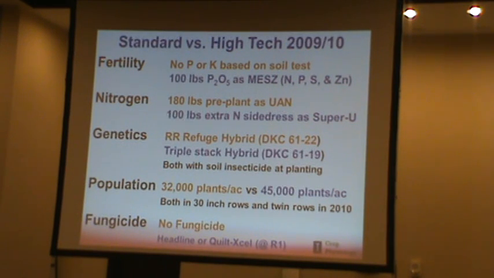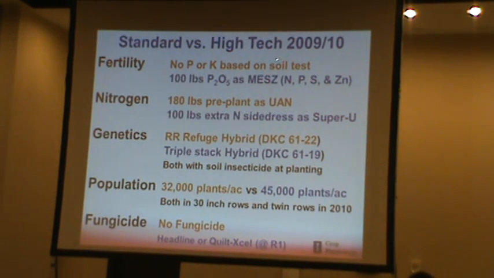Now on the high-tech side, in blue, even though the soil test said I didn't need it, I broadcast in the spring right ahead of planting 100 pounds P2O5 as Mosaic's Micro Essentials SC. That's MAP that has sulfur and zinc in the same granule. And some of the sulfur is fine ground elemental sulfur. This fine ground elemental sulfur acidifies the granule, helps keep the phosphate and the zinc more available, and provides a slow release source of sulfur.